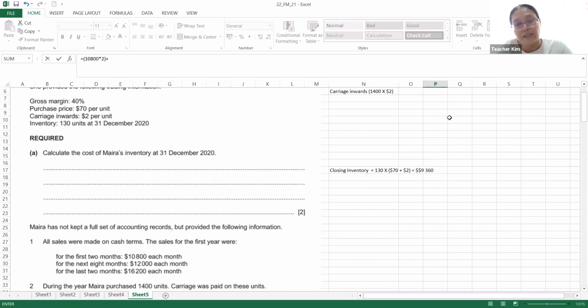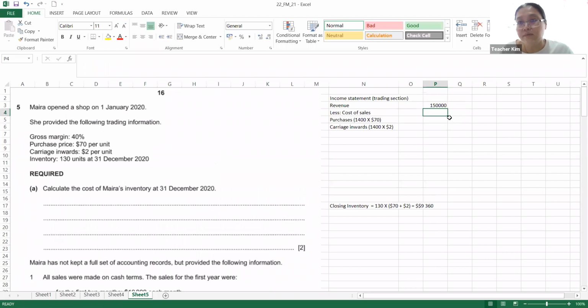And then plus 12,000 times 8 months. After that, last 2 months, 16,000 times 2. So this is our revenue.